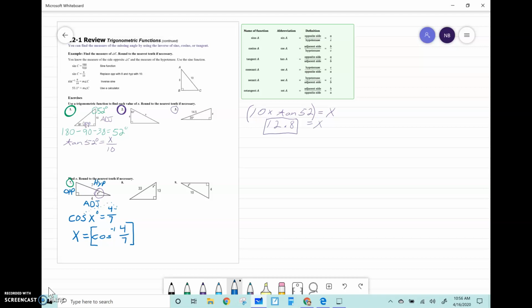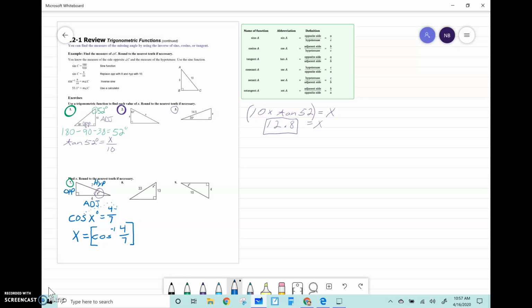So if you go in your calculator and we type in cosine -1, which is the second and then cosine button, because if you look above cosine, it says cosine -1. And then we're just going to type in that fraction, 4 divided by 7.